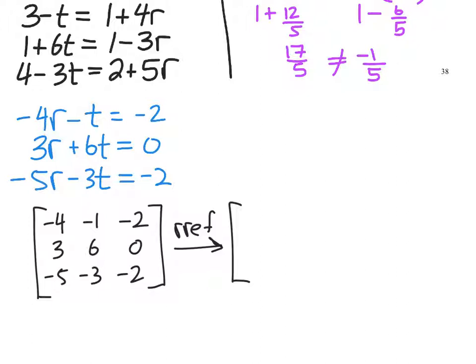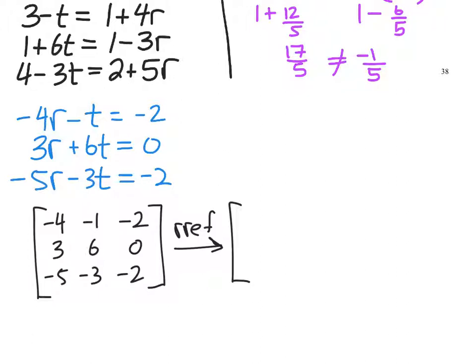Matrix A, 3 by 4. Oh, that's not what I want. Oh, 3 by 3. So negative 4, negative 1, negative 2, 3, 6, 0, negative 5, negative 3, negative 2. Double check. Looks good.